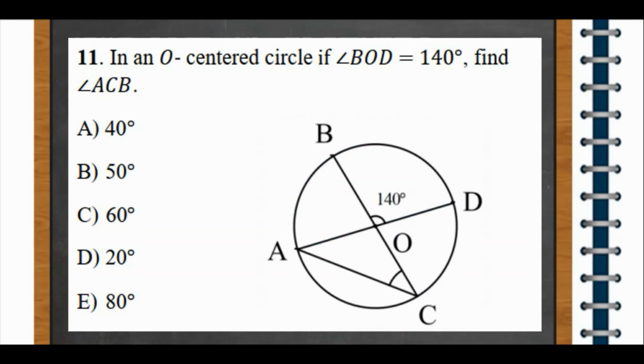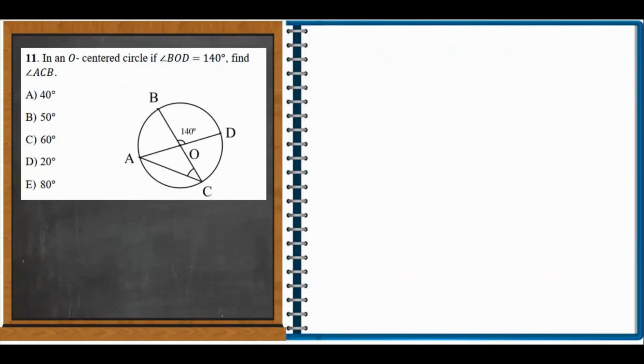Number 11. Number 11 is a pretty simple question, but to solve it, we need to know the properties of the inscribed angle and the central angle. First, we say that an inscribed angle is half of the subtended arc.